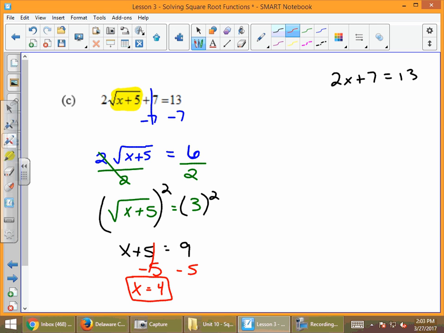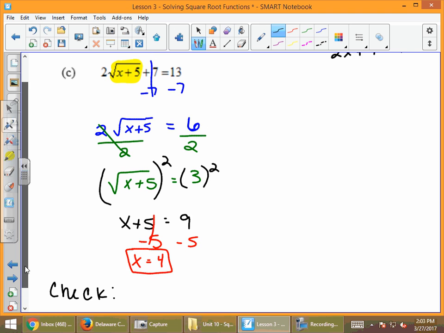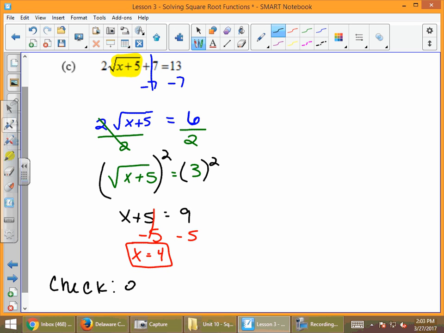Are we going to move on to the next one? Oh, what did you? Check. Don't forget to check. Big thing. Simple thing, you just have to plug it in and plug in your calculator. We have 2 radical 4 plus 5 plus 7 equals 13.